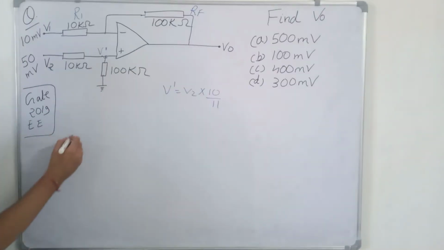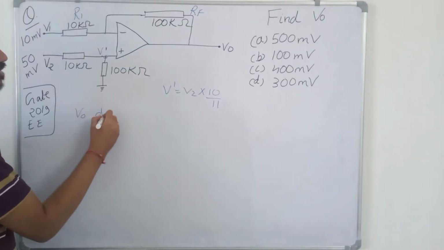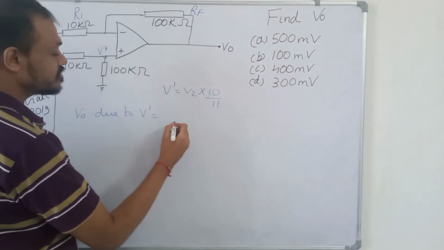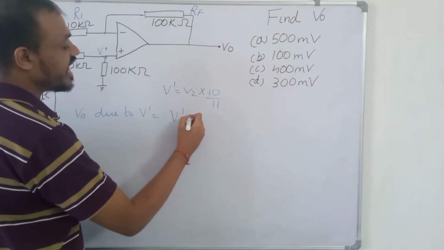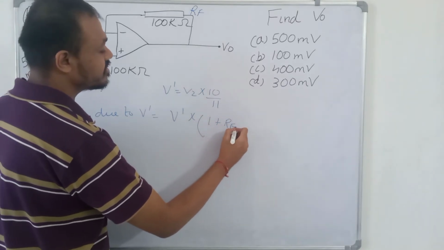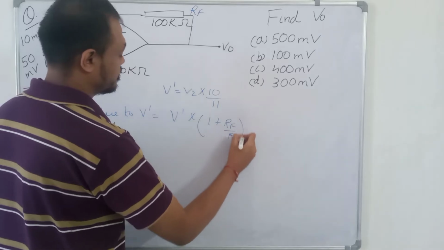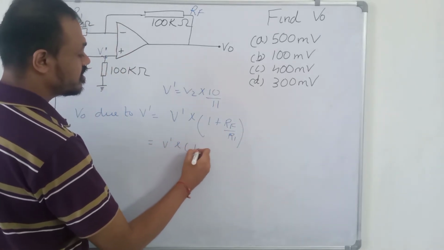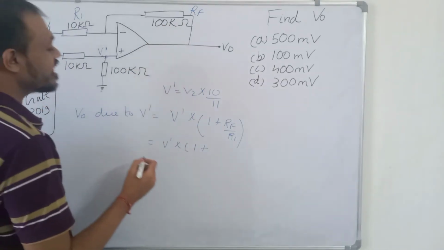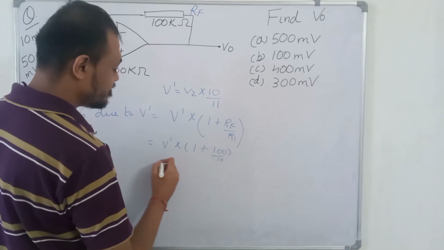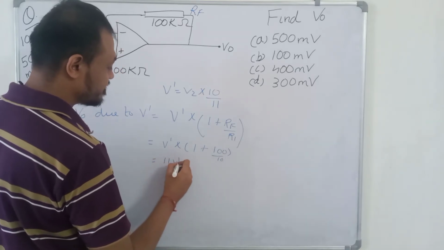V0 due to V dash will be equal to V dash into 1 plus RF by R1. RF is 100 and R1 is 10, so 100 by 10. So this will be equal to 11 into V dash.